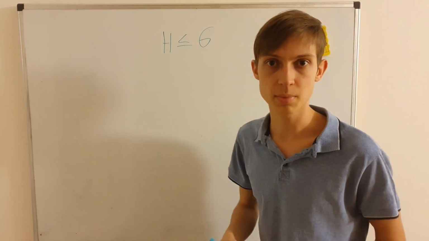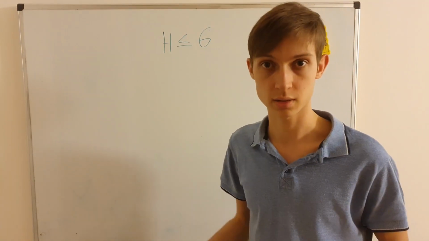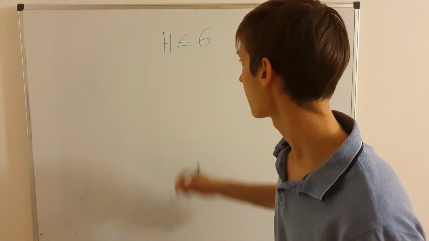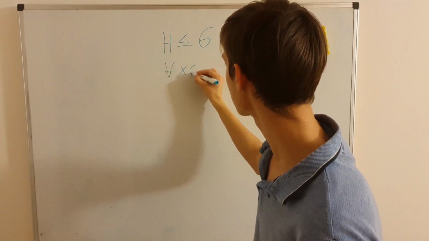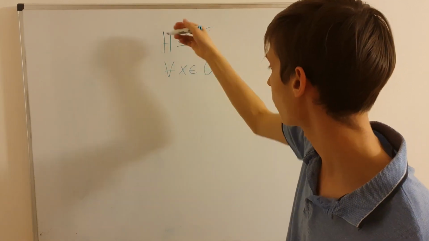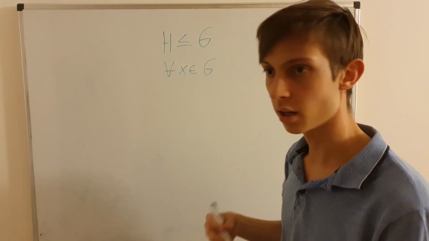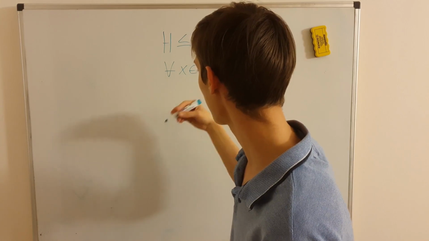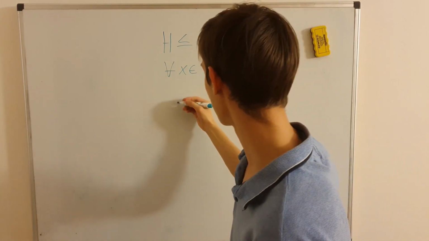And a coset is basically a specific type of set defined in the following way: for any element X inside the G group, the subgroup of which is H, I can have a coset defined as a particular set as follows.